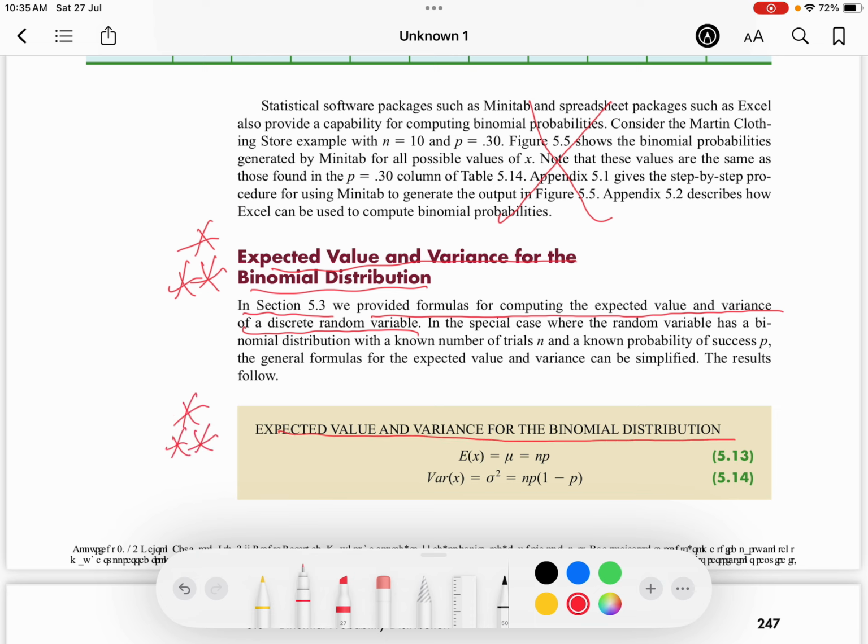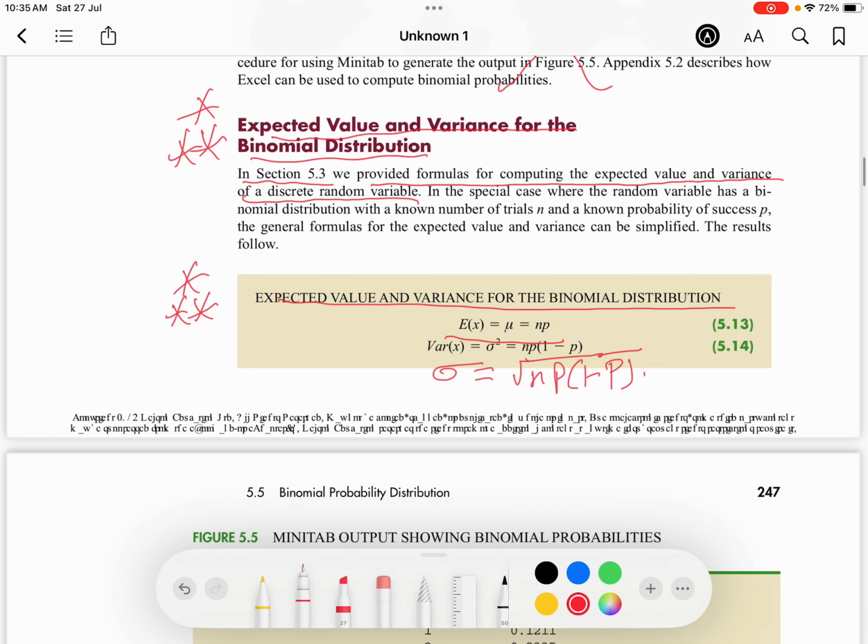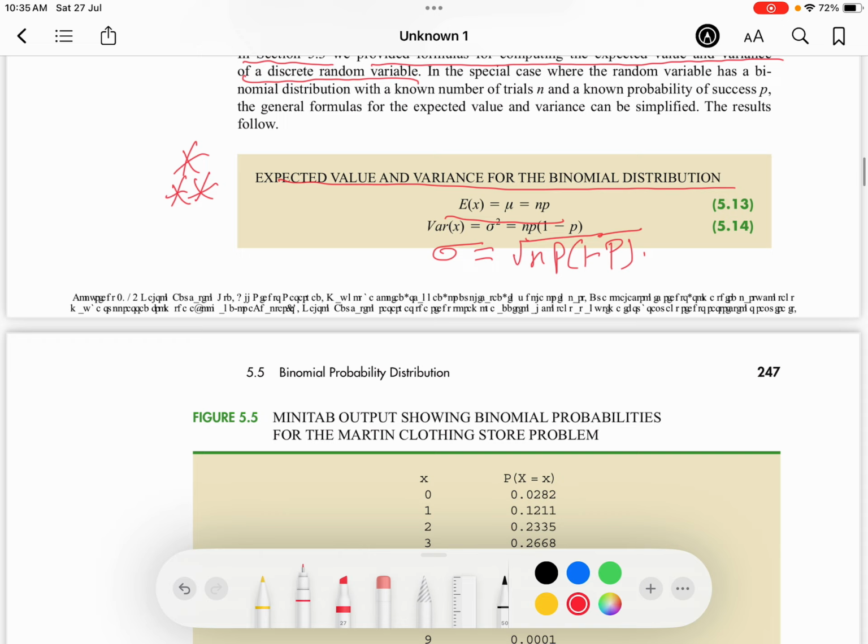Expected value E of x equals n times p, variance equals n times p times 1 minus p, and sigma will be the square root of n p times 1 minus p. You must memorize this.